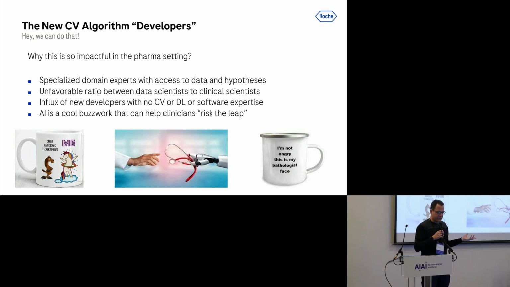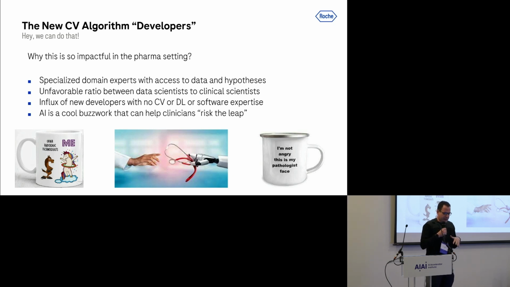So essentially, we have our new algorithm developers now, who are these clinicians, biologists, pathologists, for example, that have been sitting on tons of annotated data that they themselves created. They've seen people like me, data scientists, engineers, use the data that they prepare in order to train these AI-based machine learning algorithms, and they suddenly realize that they can do the same thing.